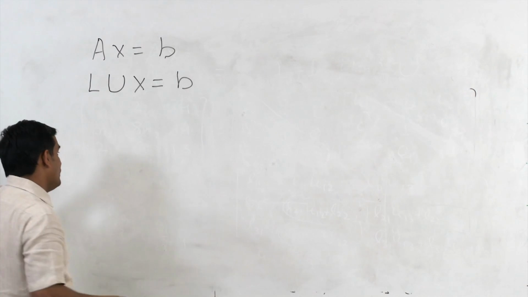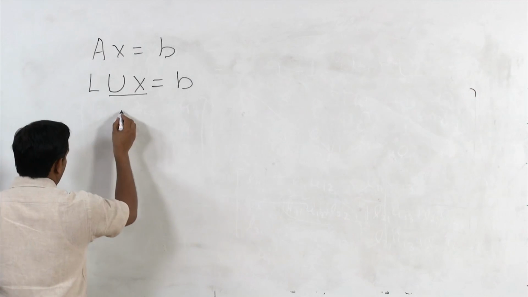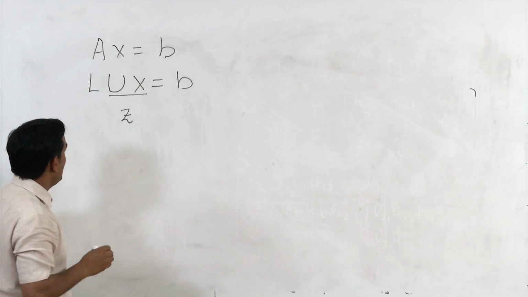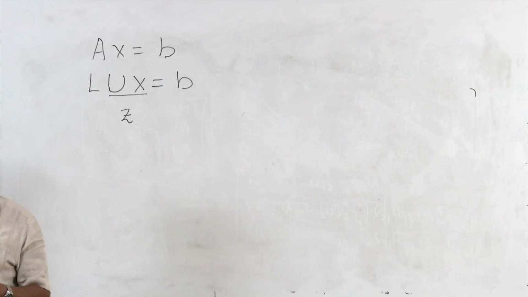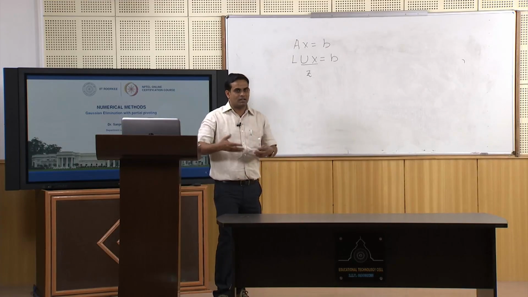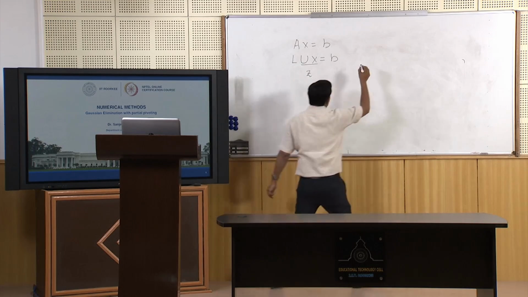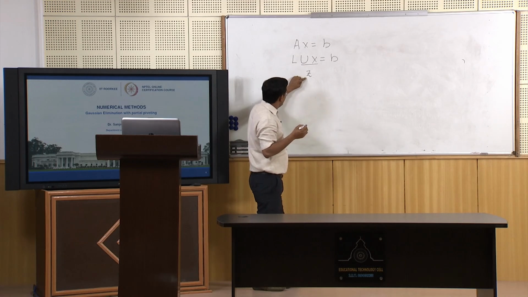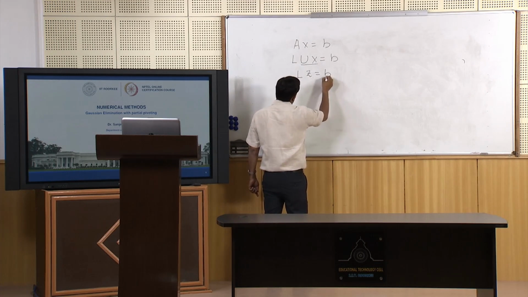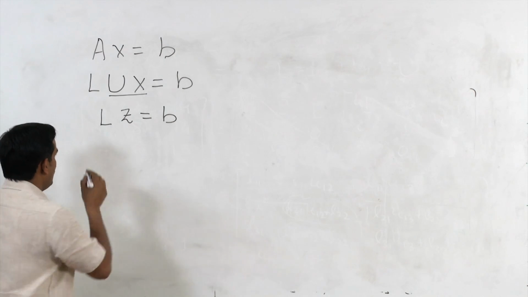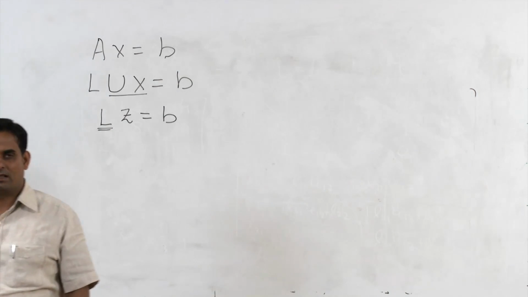Now, what I will do? Let us assume that Ux equals to z. So, what I will be having? Ux will be a column vector, so let us say it is z1, z2, zn. So, Ux equals to z, and if I substitute Ux equals to z, the original system will become Lz equals to b. Here you can note down that L is a lower triangular matrix.